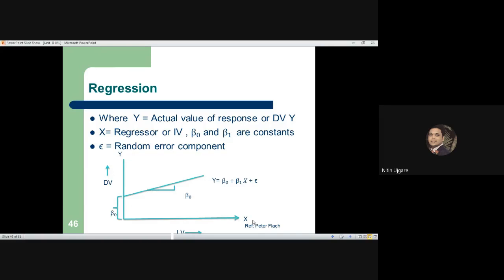X is the value of the independent variable that I am going to use to build a linear regression model, and Y is the value of the output variable which I am going to determine using this independent variable and the model parameters beta 1 and beta 0. And epsilon, as I already mentioned, represents the random error component, since there is always a small amount of error or noise present in the learning model.